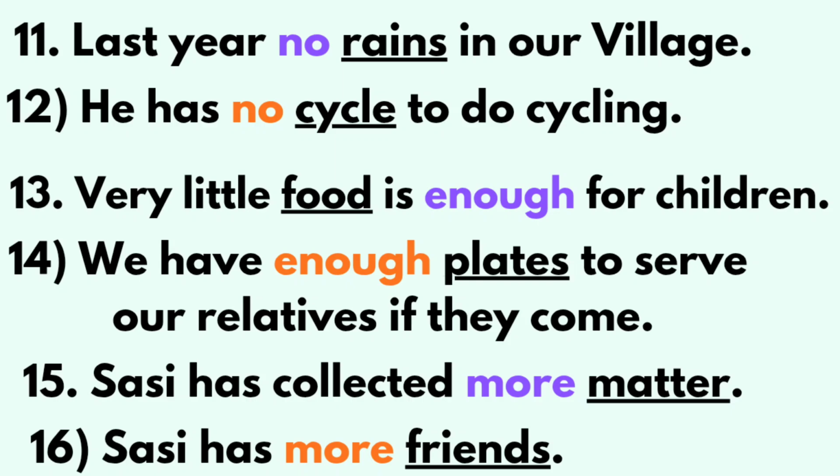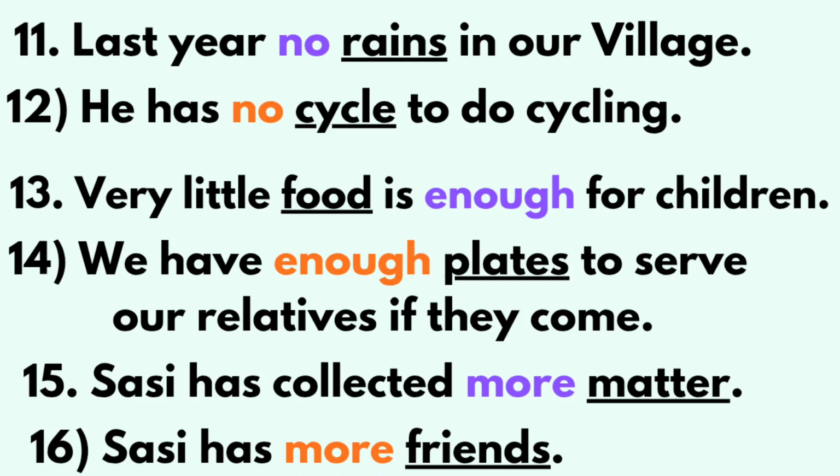Sasi has collected more matter or more information. Here matter or information is uncountable. You cannot measure how much matter, more matter. Sasi has more friends. How many friends? More friends. So in these examples, no, enough, and more are quantifiers we use with countable nouns and uncountable nouns. I hope these examples are clear.